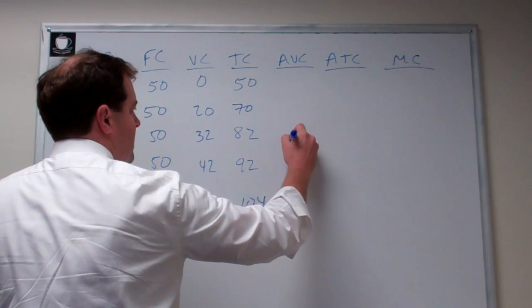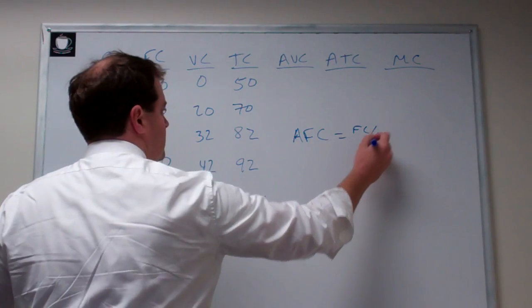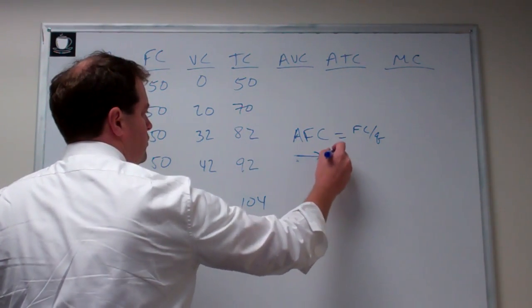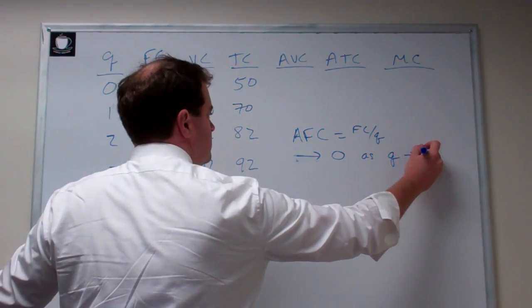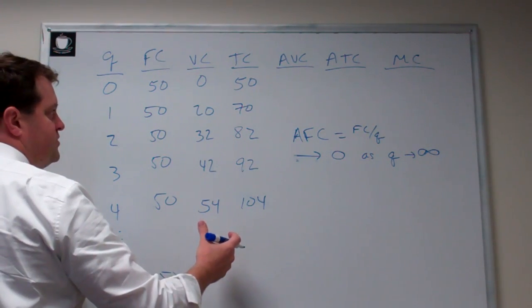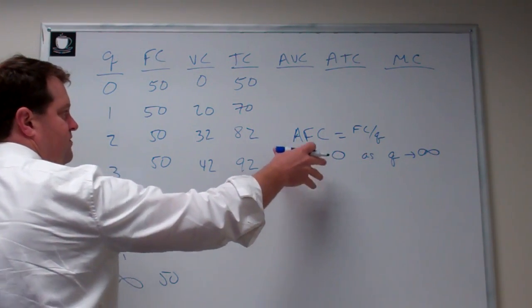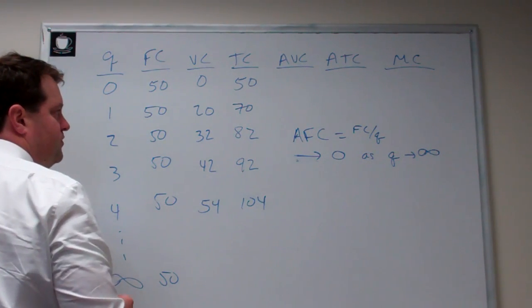Okay, so now I want to move over to the averages. A fact that we have to understand here: average fixed cost, which is fixed cost over output, is going to move towards 0 as output approaches infinity. So I'm not really interested in calculating average fixed cost here, but what I want you to understand is that eventually, as output starts to grow, average fixed costs move towards 0.